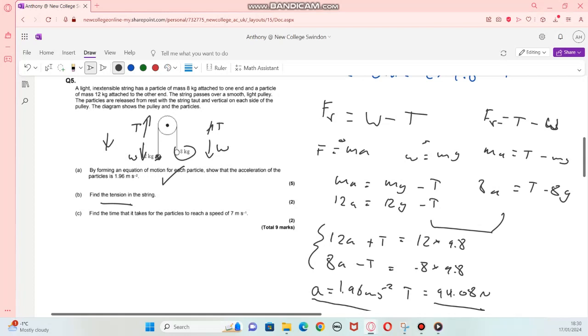Now part C, we want to find the time it takes for the particle to reach a speed of 7 meters per second. So for trying to find the speed, we'll use SUVAT equations. We want to find the time. We know the acceleration of the particle, 1.96.